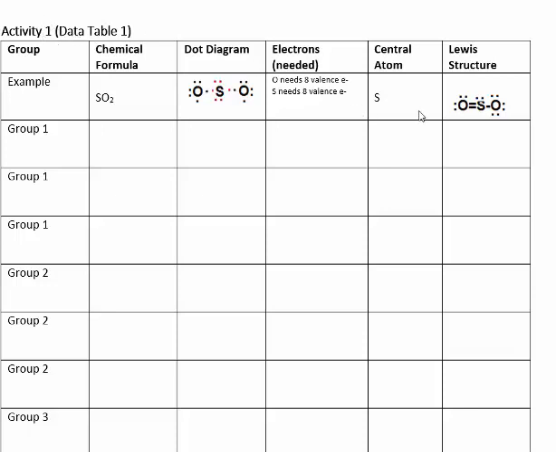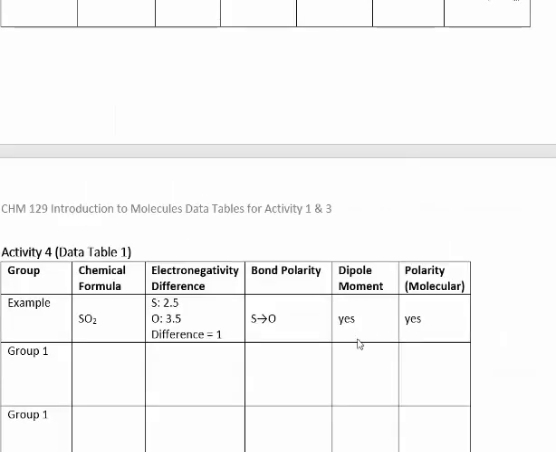I look at sulfur dioxide, I see the central atom has a lone pair, so therefore it has a dipole moment. So I write yes under dipole moment. And then here it is polar, so I'm going to write polar. So every time a molecule has a dipole moment, yes, it is polar.